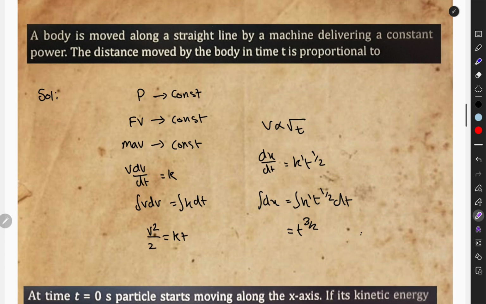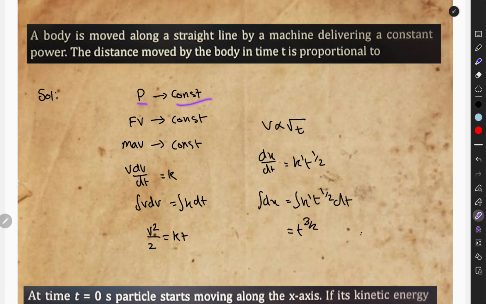and then solve the answer. Next question is, a body is moved along a straight line by a machine delivering a constant power. This is an important type of question. A lot of questions are like this, whenever a power question comes and whenever they say power is constant, the same thing is followed.